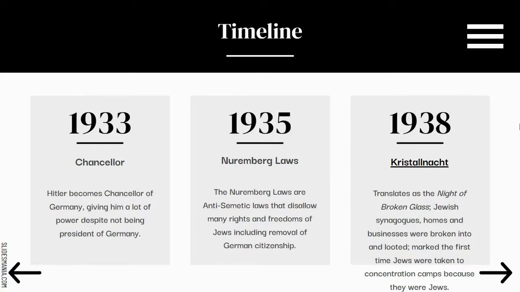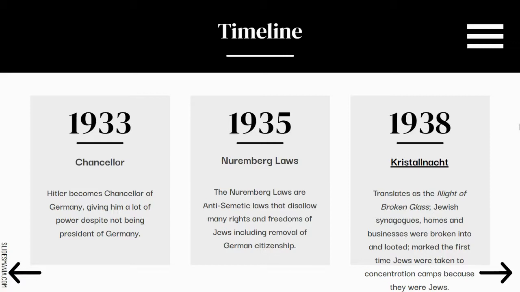We begin our timeline in 1933. Right at the turn of the year from 32 to 33, Hitler becomes Chancellor of Germany. This does not mean he is in total control of Germany, but the fact of the matter is that Hitler wields a lot of power by becoming Chancellor.